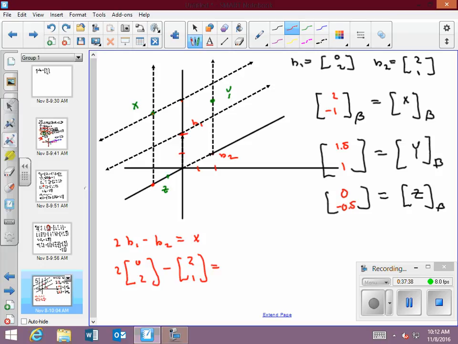That'll give us a negative 2, and then it's 4 minus 1. Negative 2 and 3. Is that what X is? X is a negative 2, 3. So that'd be the weights that you give it.